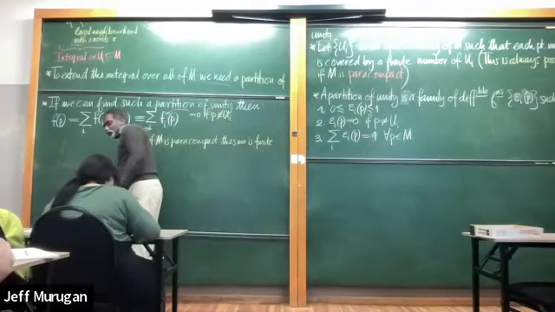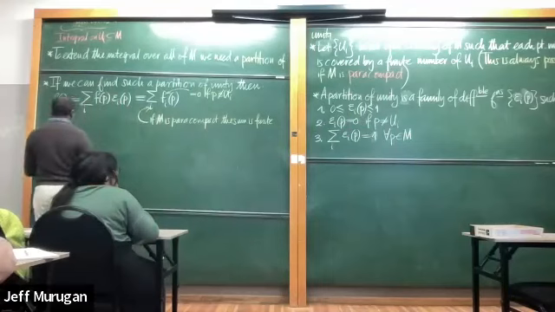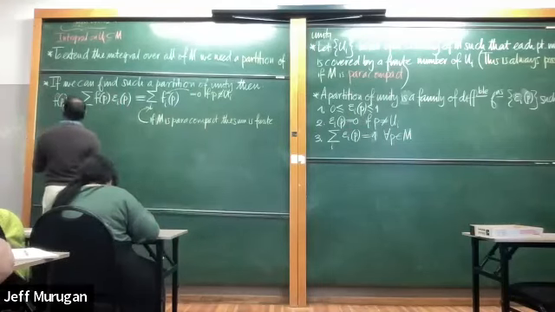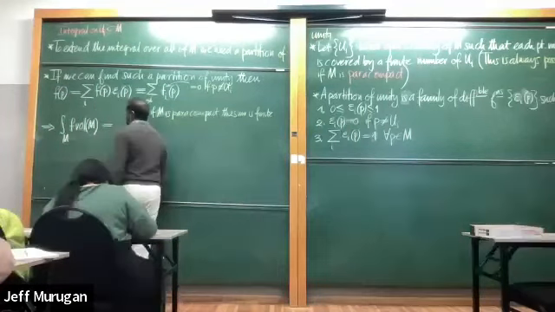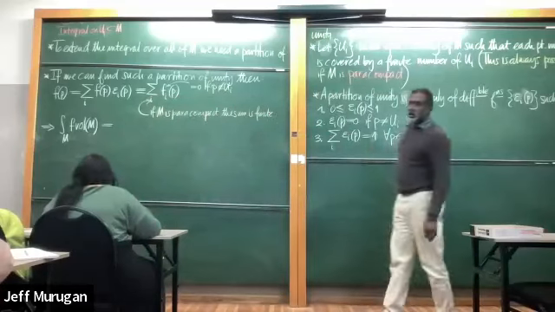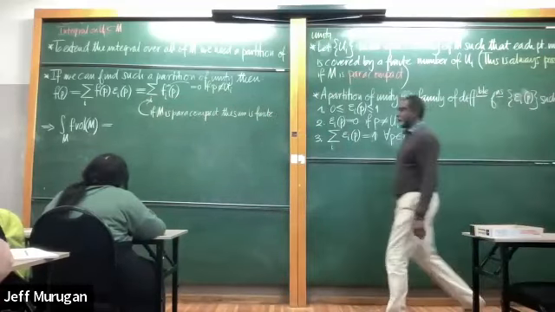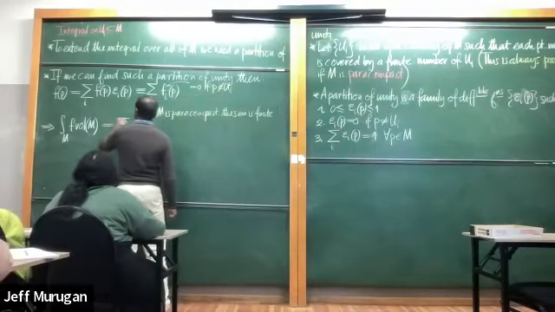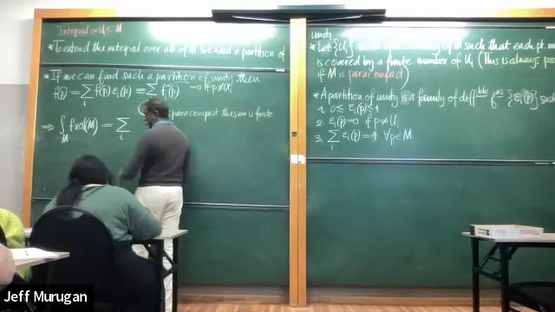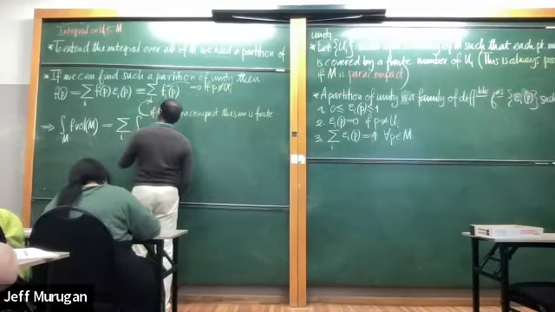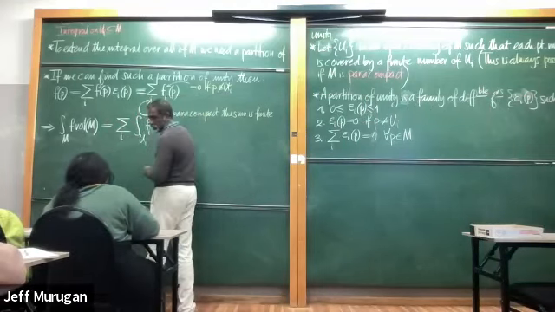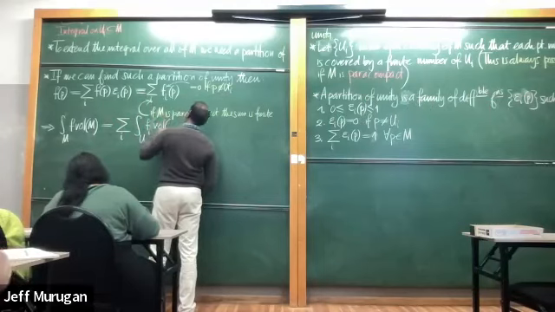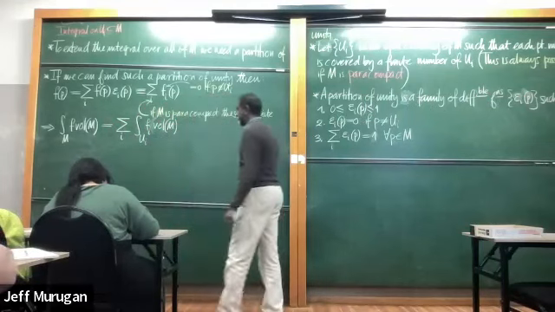And then finally, I can put all this together and write that the integral over M of f, in other words, the integral of this function over the n-dimensional manifold M, is the sum over i of the integral over each of the U_i of f_i.